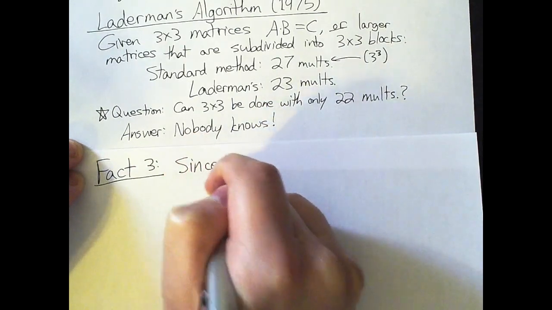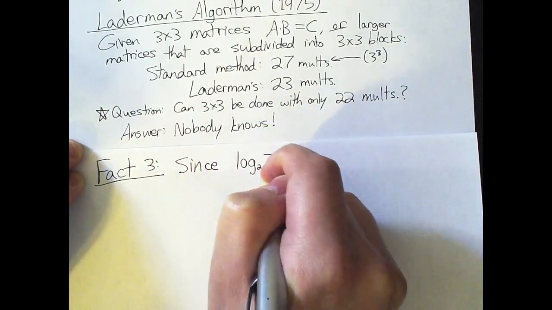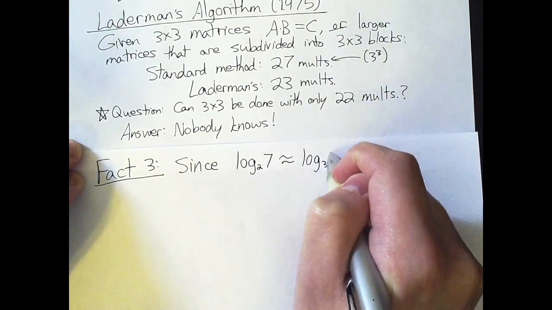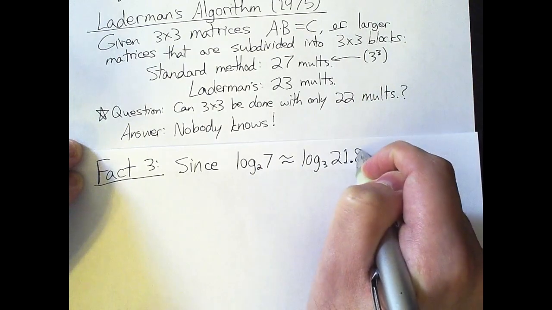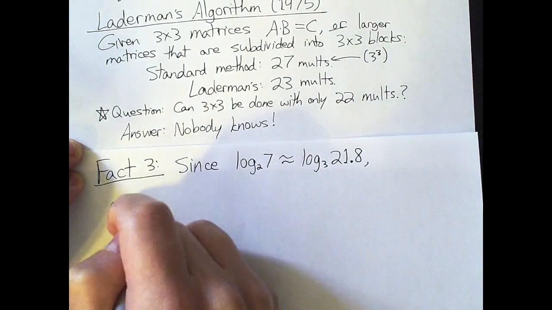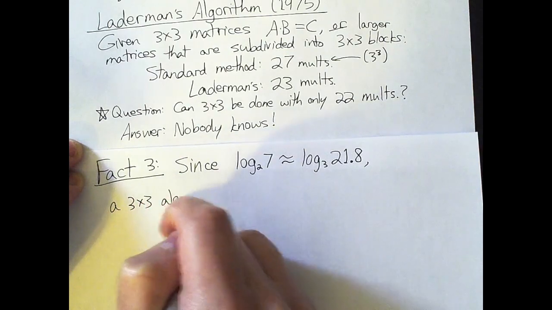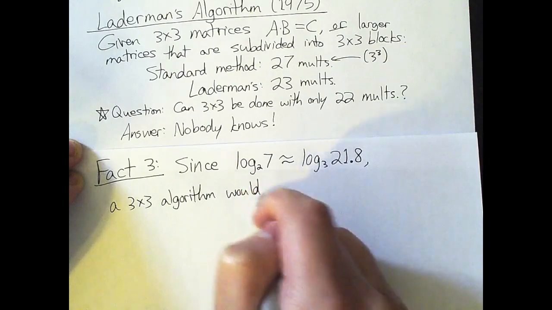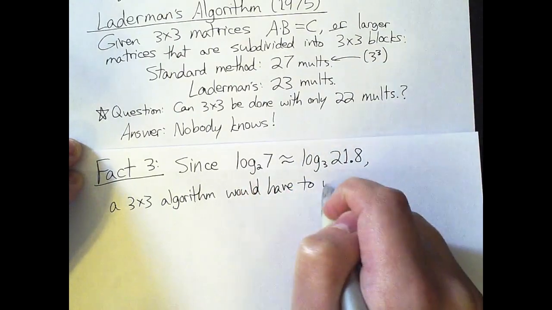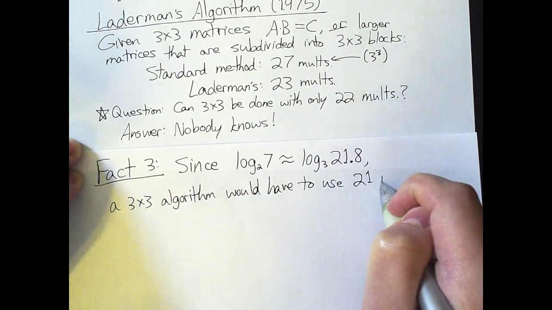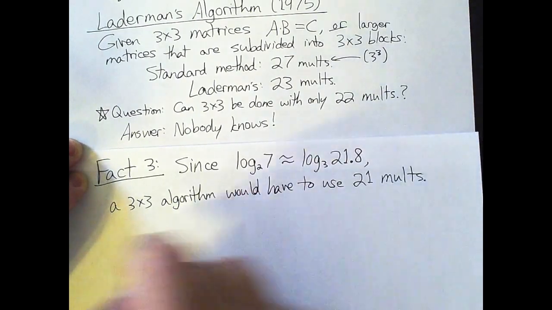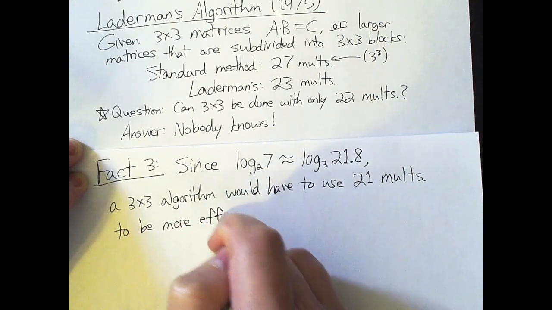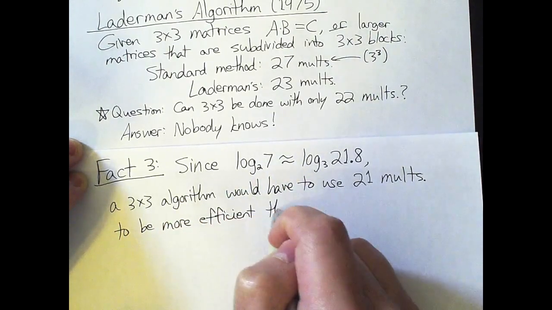Since log base 2 of 7 is approximately log base 3 of 21.8, a 3x3 algorithm would have to use 21 multiplications to be more efficient than Strassen's.